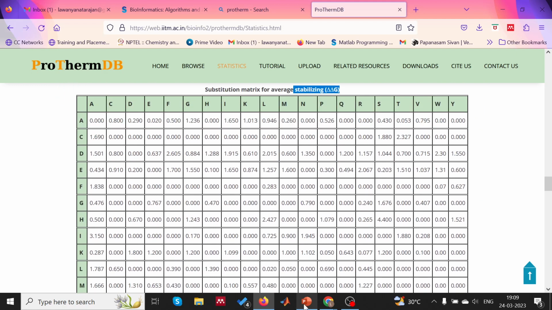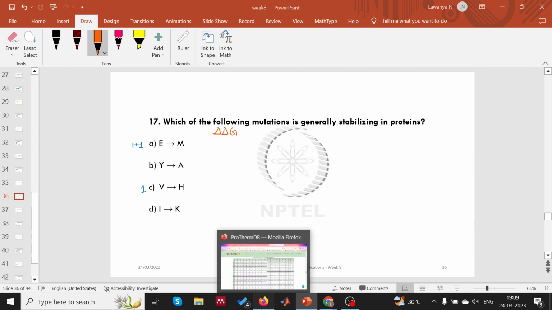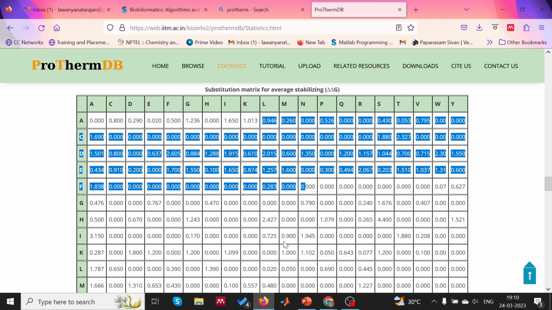So what is your question? Which of the following mutations is generally stabilizing in protein? Correct, Vijayanta. So write down the delta delta G values from the stabilizing table.